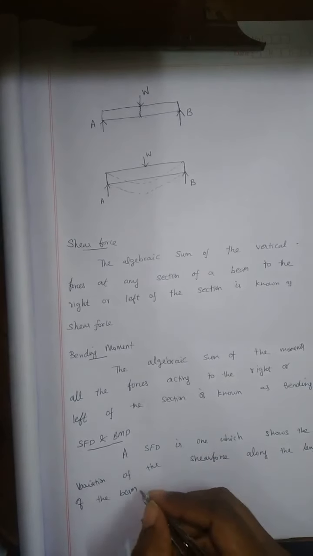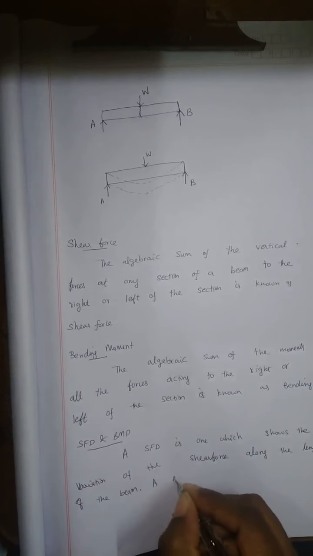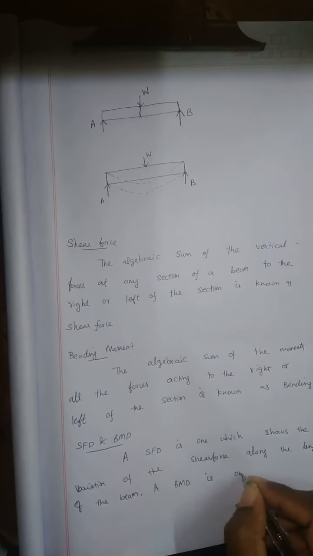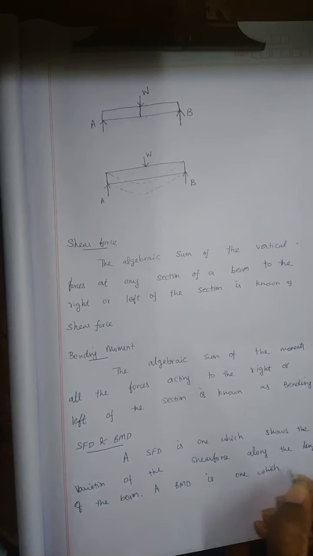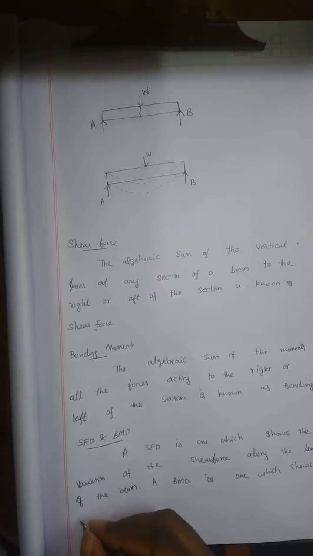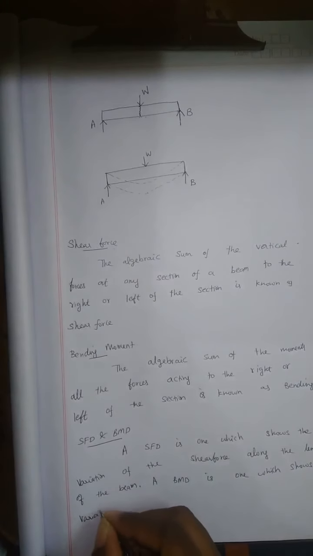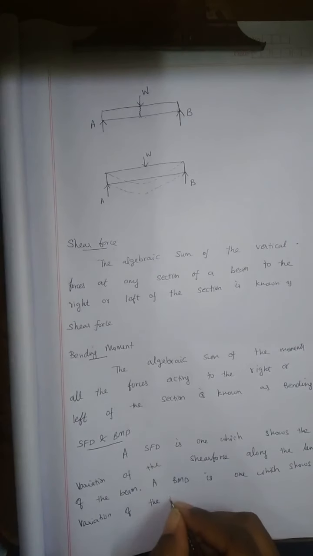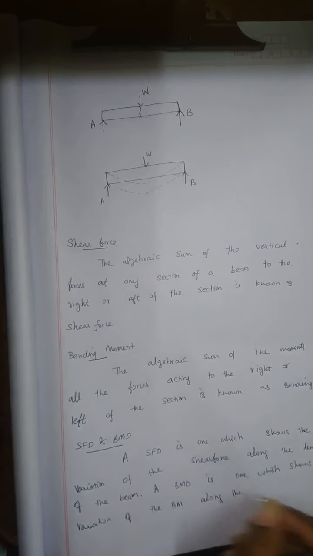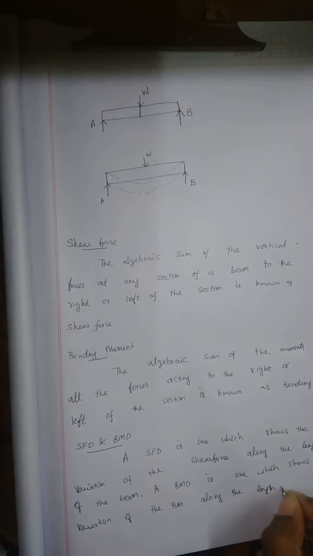And a bending moment diagram, BMD, is one which shows the variation of the bending moment along the length of the beam.